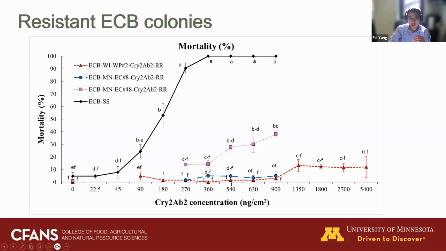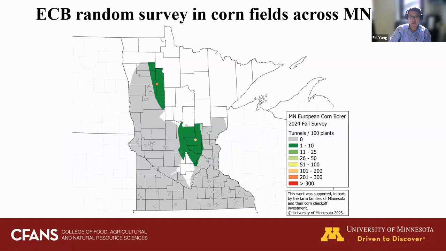However, these colorful ones are resistant populations from Wisconsin and Minnesota, and you have very low mortality, especially for the bottom blue one and the red one. This is one population from Minnesota and one population from Wisconsin. We found almost no mortality, even at concentrations as high as 5,400. So all these studies suggest these populations of European corn borer are highly resistant to the Cry2Ab2 Bt protein.